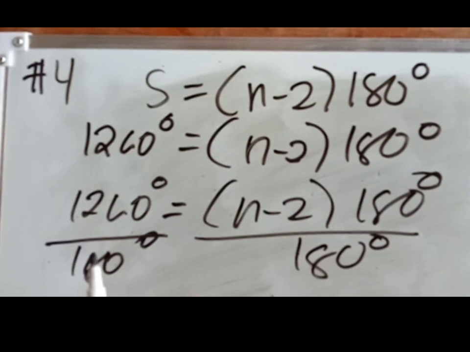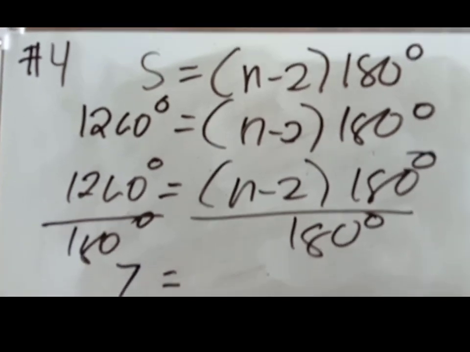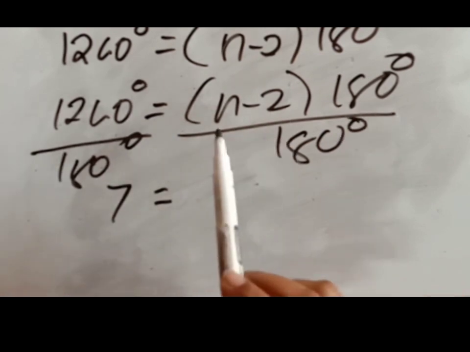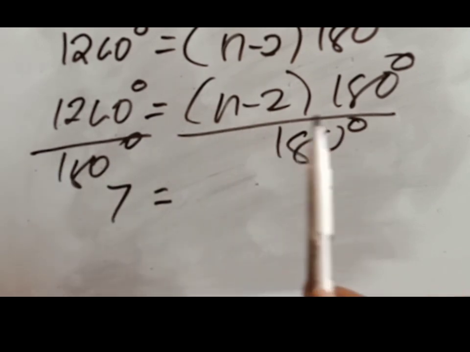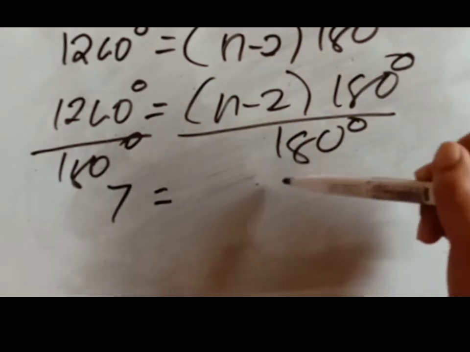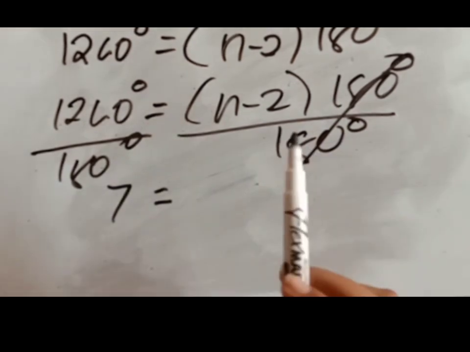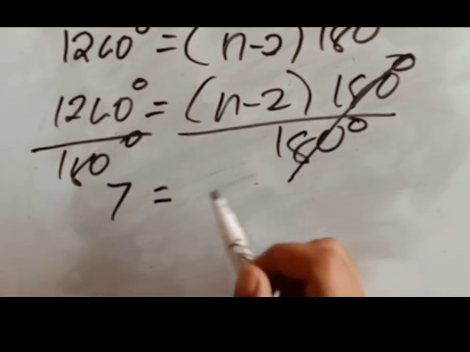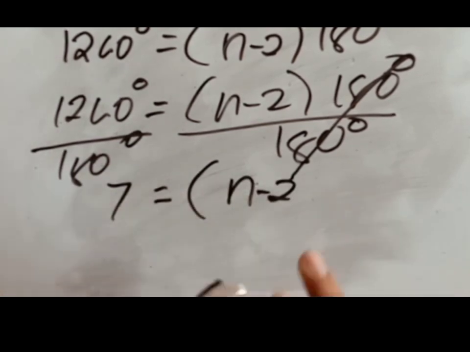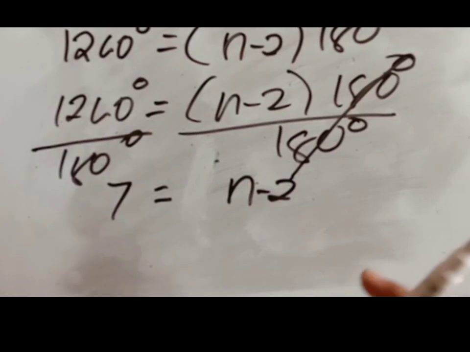So 1260 degrees divided by 180 degrees is equal to 7. The quantity of n minus 2 multiplied by 180 divided by 180, let's cancel out the 180. So the remaining is the quantity of n minus 2, or n minus 2.